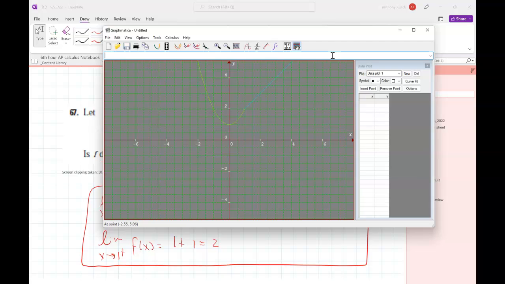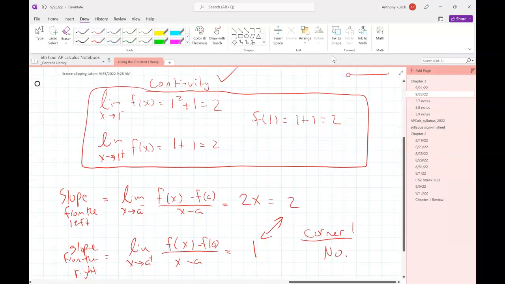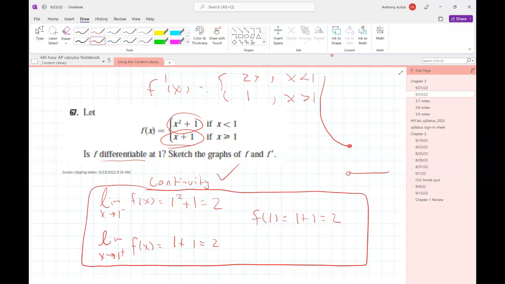Good question, right? Because we just explained that it's not differentiable at 1. So when we go to the derivative, you'll have 2x for x less than 1, and then you'll have 1 for x greater than 1. We lose that point at x equals 1, because it's not differentiable there, which is what we showed below.